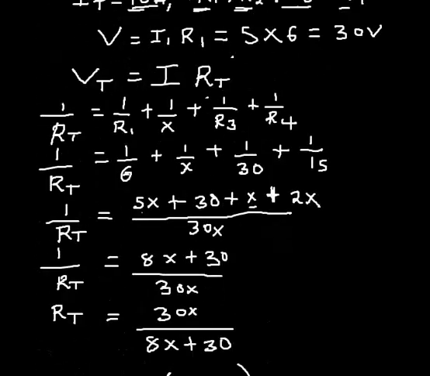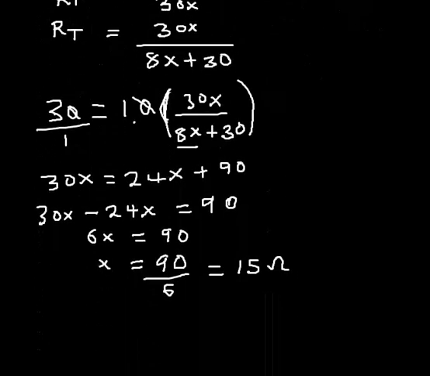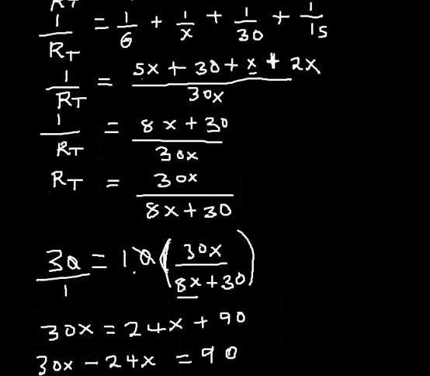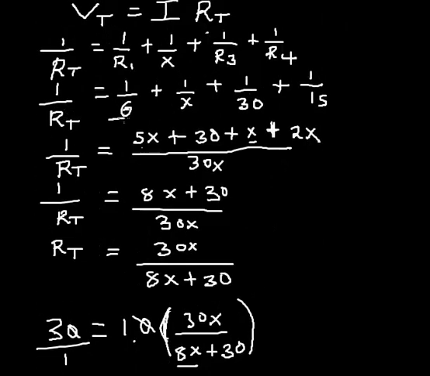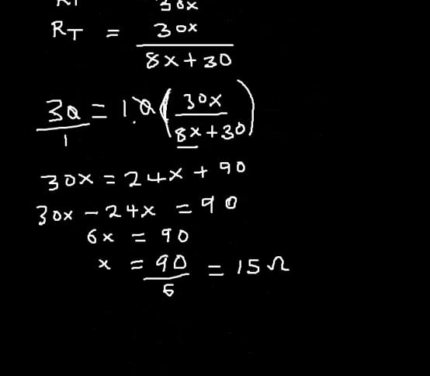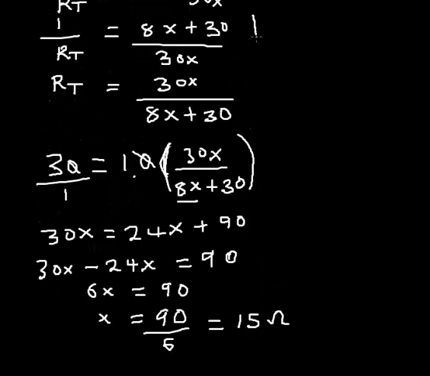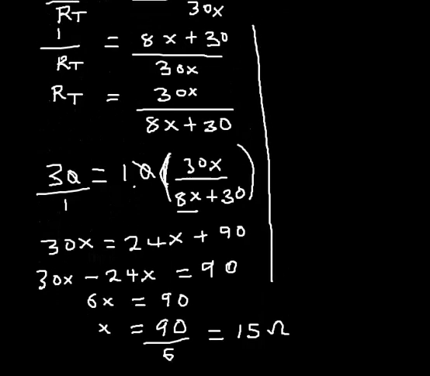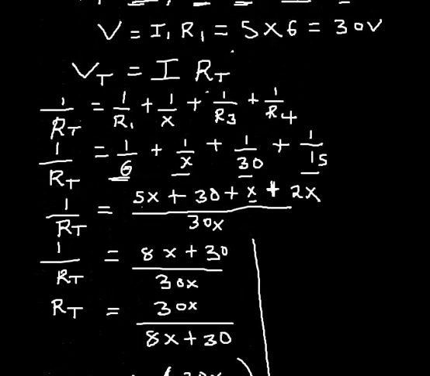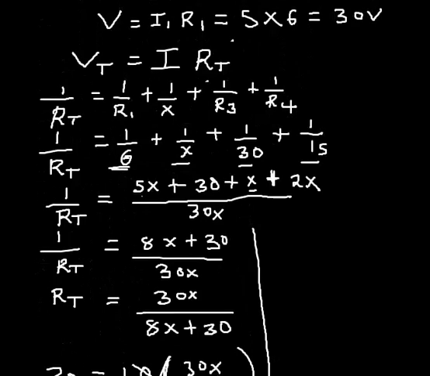Now the next is for us to get the current across each of these resistors. X is 15. So you know very well that, let me divide that. Okay, let's start with the very first one, that is R1, which is 6.